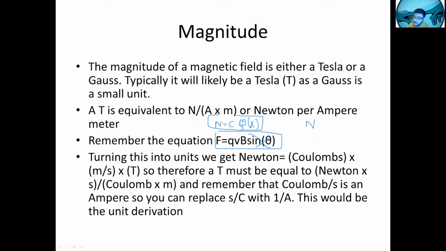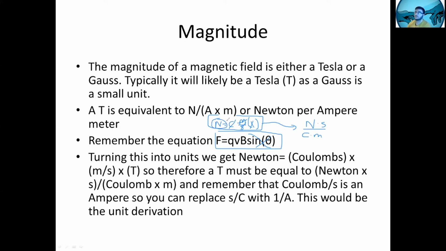Now you need to divide by both a coulomb and a meter, because you need to cancel these out, right? And then you need to multiply by seconds, because you need to cancel this out. And then if x is equal to this, then meters will cancel out, seconds will cancel out, coulombs will cancel out. You're only left with a Newton, which is what it is equal to, right? That's how you would derive a unit.